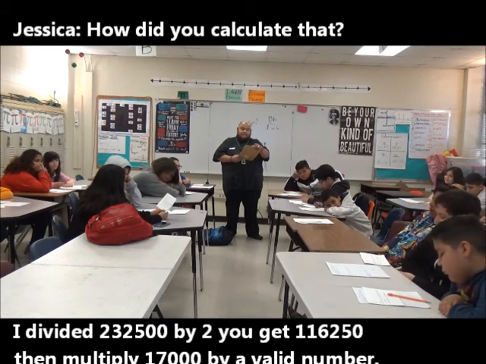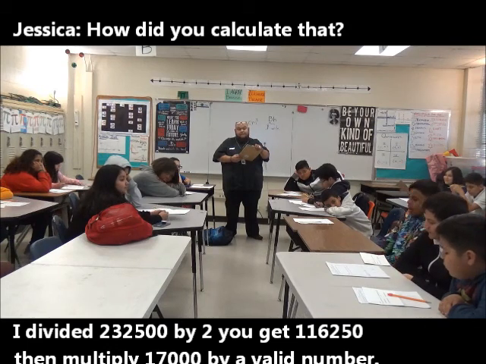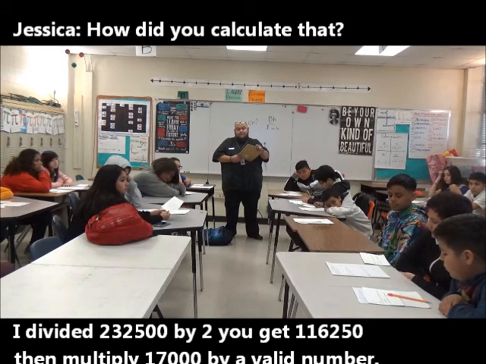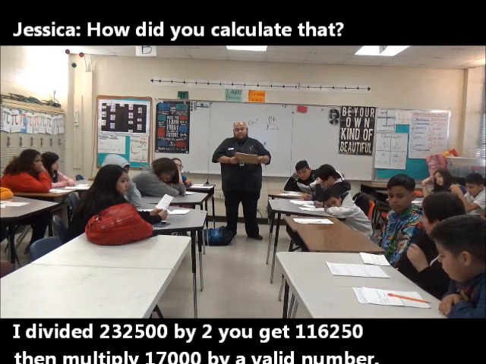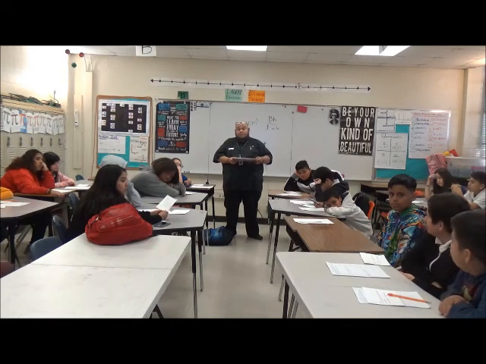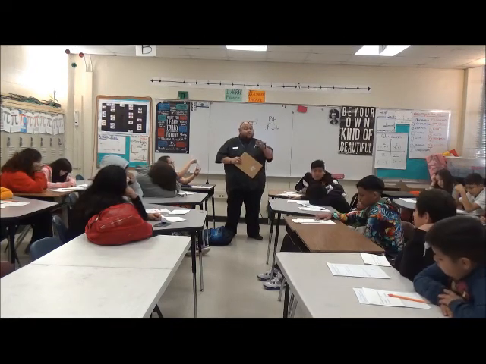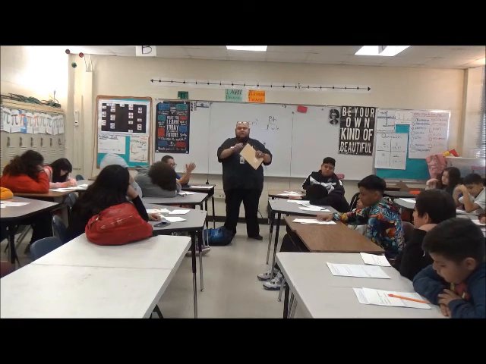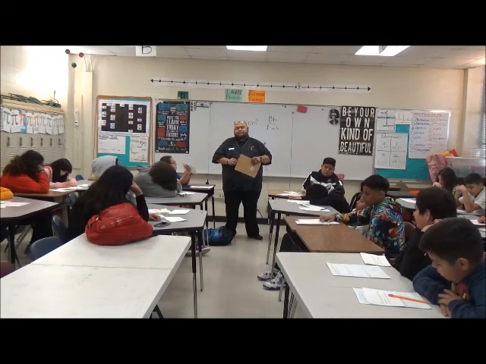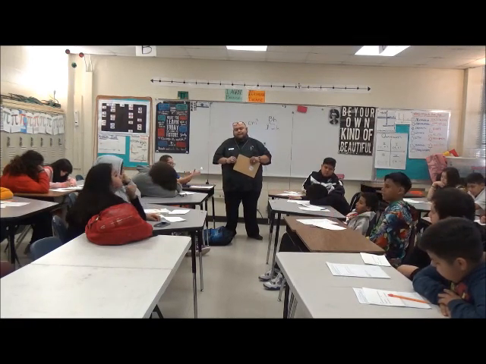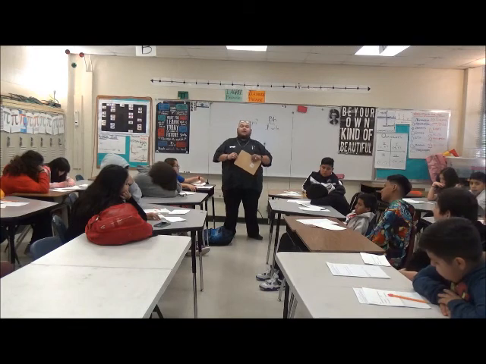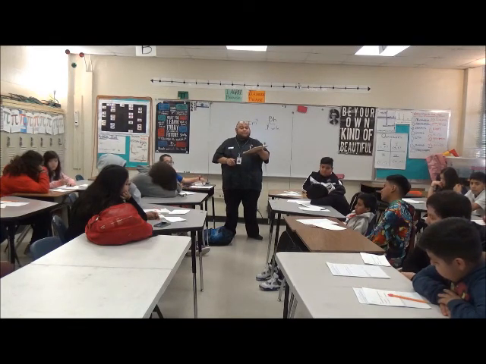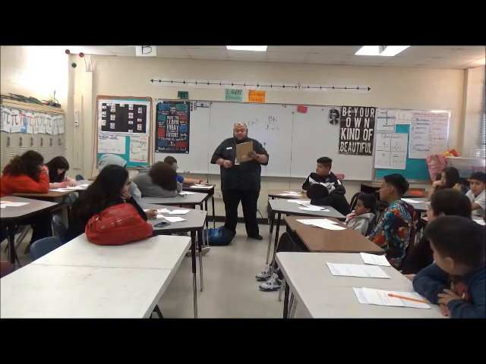And then multiply 17,000 to a number where it would pass that 116,000. So Jonathan, can you explain what you did again with the multiplication? Because that was really interesting. You multiply 17,000 until it surpasses 116,000. And you found that number to be what? 7 minutes. Okay, great.